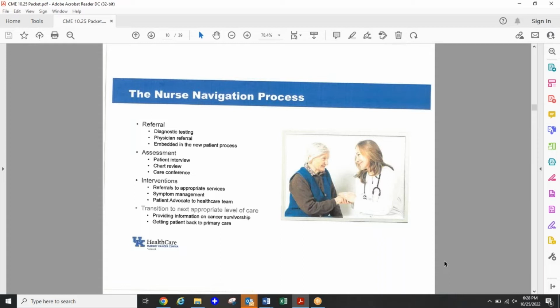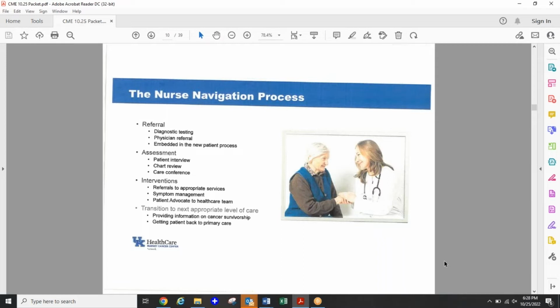The benefits of navigation, and I've covered some of these throughout this discussion: patient navigation helps increase treatment adherence, which is so important. It improves health outcomes for cancer patients. By providing the patient with a single contact person they can connect with, they are more likely to reach out, ask questions, and report problems.